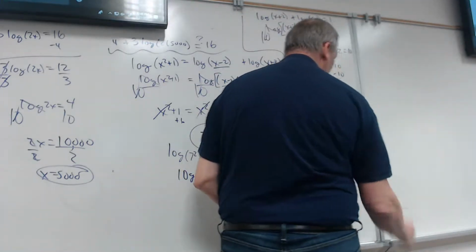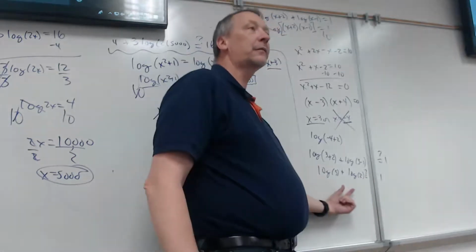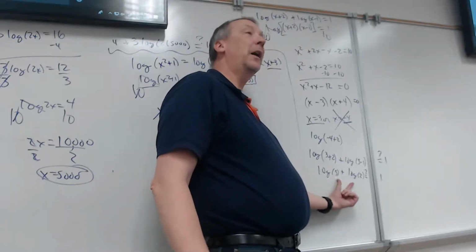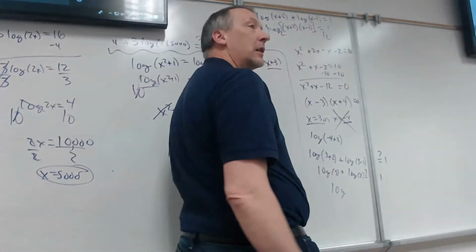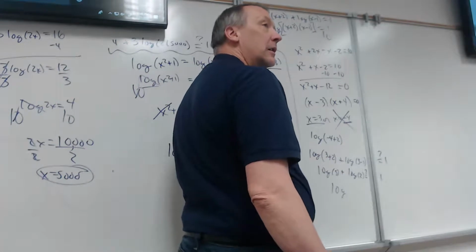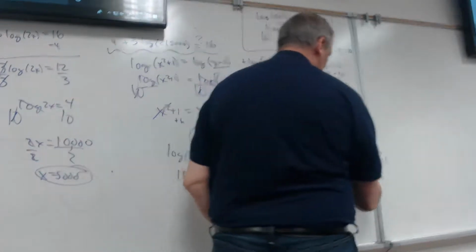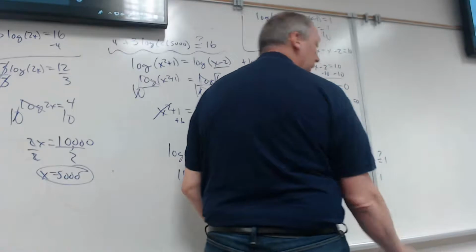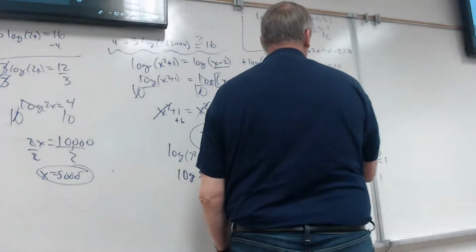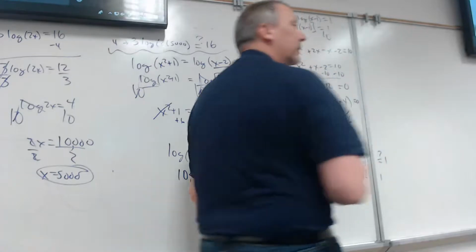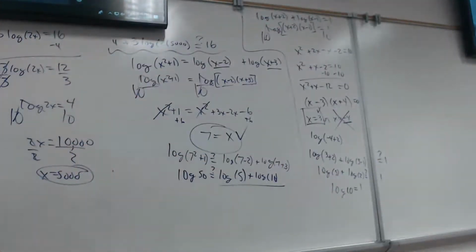Does that equal 1? I can combine those. That becomes log of 10. Log of 10, does that equal 1? Sure does. So that one is the correct answer. So I have one good one and one bad one. Okay? So once again, very important to check.